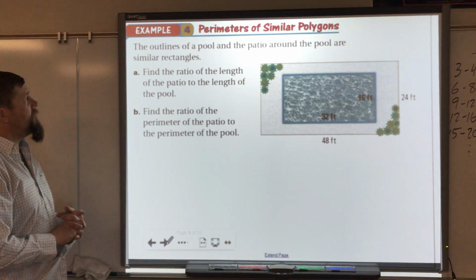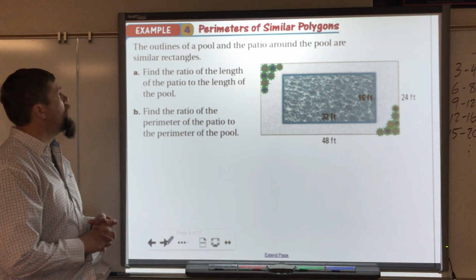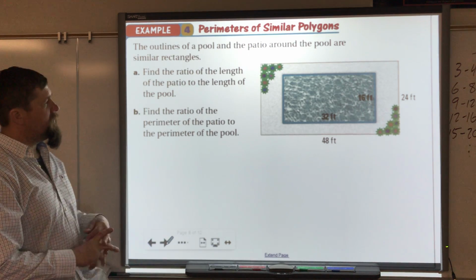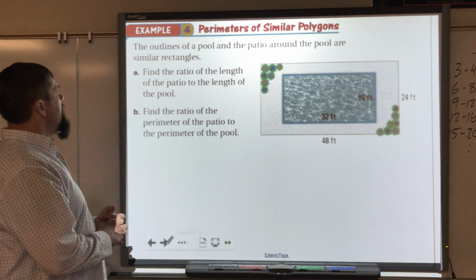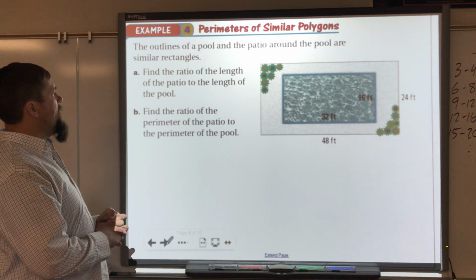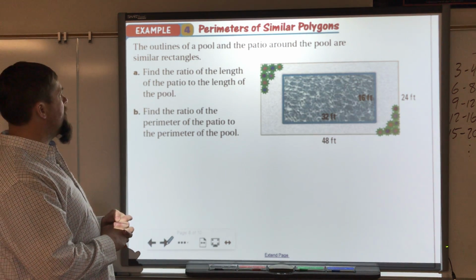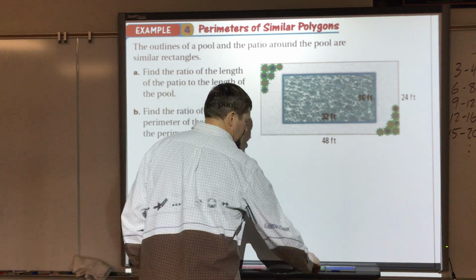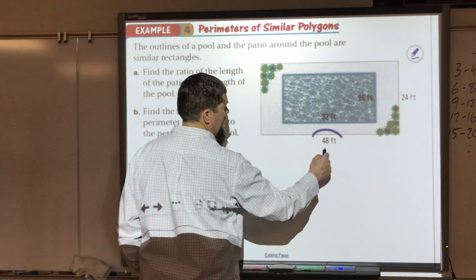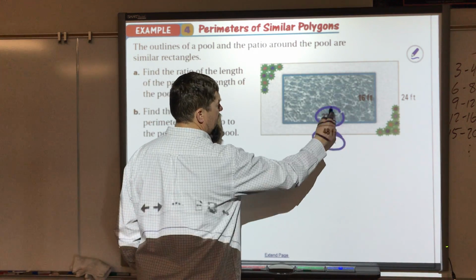The outlines of a pool and a patio around the pool are similar. So these two rectangles are similar. It says find the ratio of the length of the patio to the length of the pool. The length of the patio is 48. The length of the pool is 32.